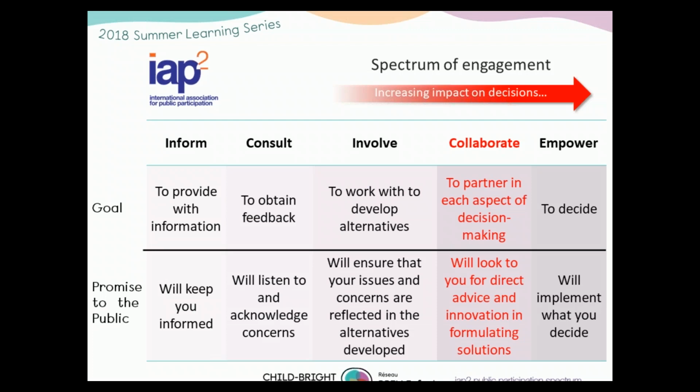Under Canada's strategy for patient-oriented research, what we are really trying to get at in terms of our engagement with the public is to promote true and meaningful engagement of patient partners at the collaborate and empowerment levels. And really what this is intended to accomplish is to ensure that patient-identified priorities remain the focus of the research agenda, and that the work that is ultimately produced leads to effective interventions that ultimately inform policy change.